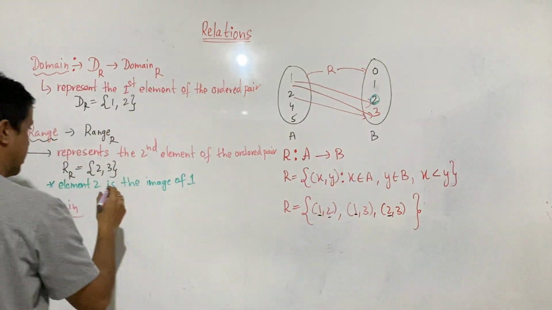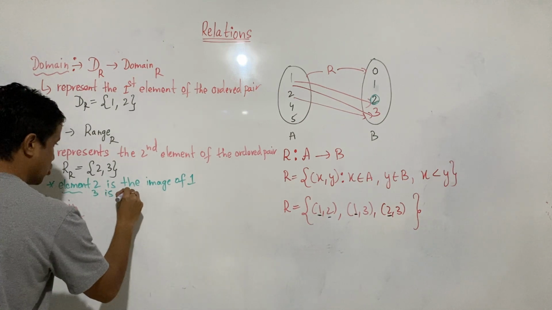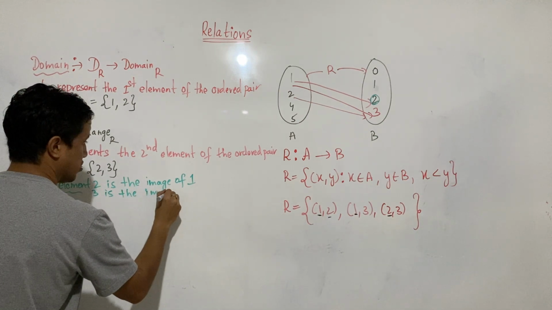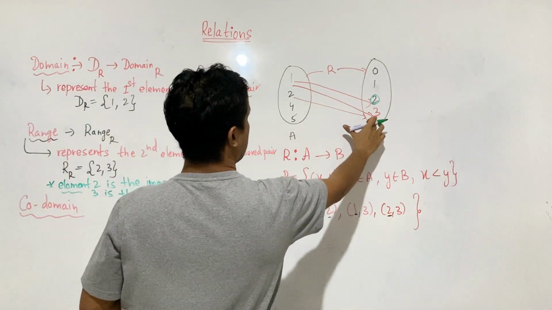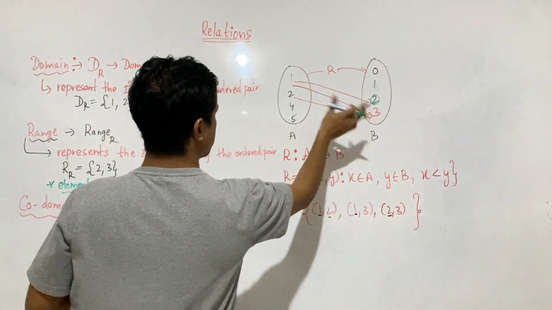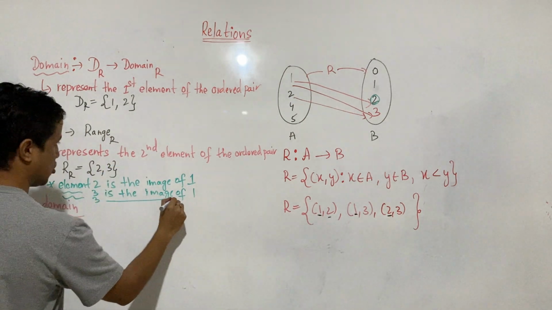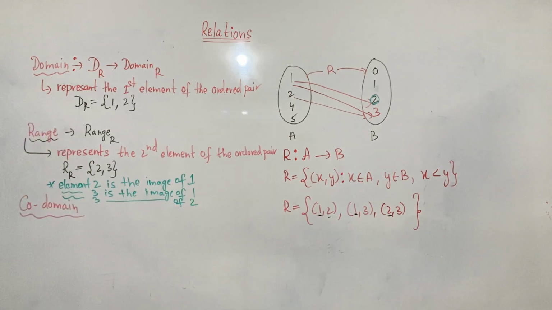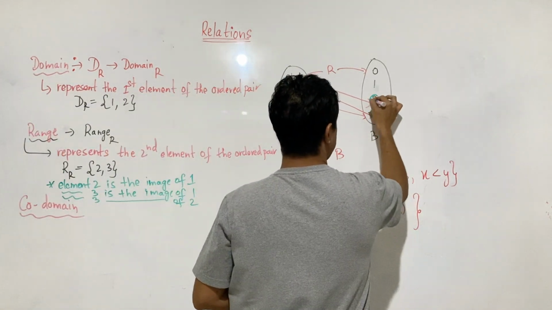Element 3 is the image of 1, and element 3 is the image of element 2. Understand? So these are known as the images.